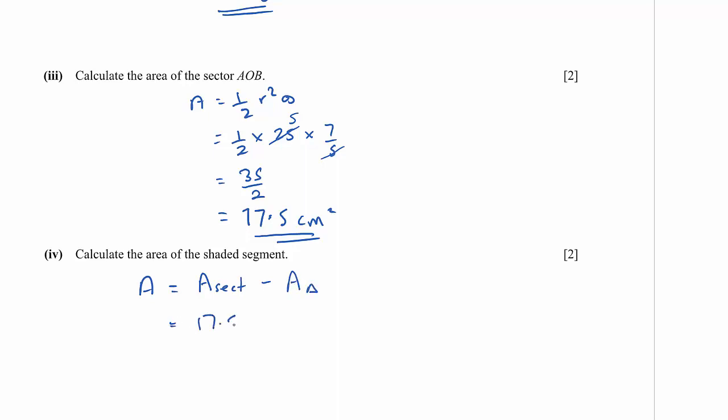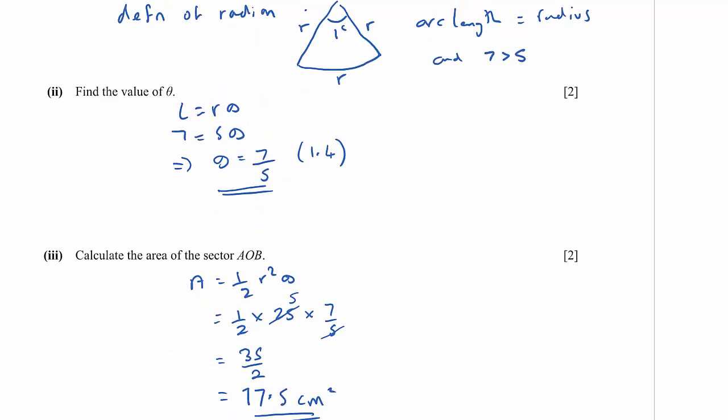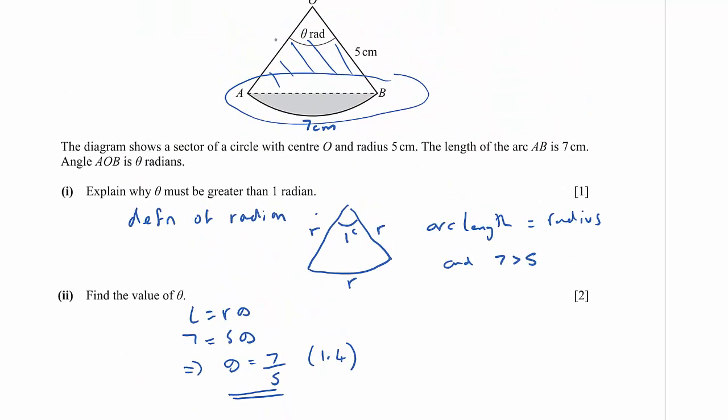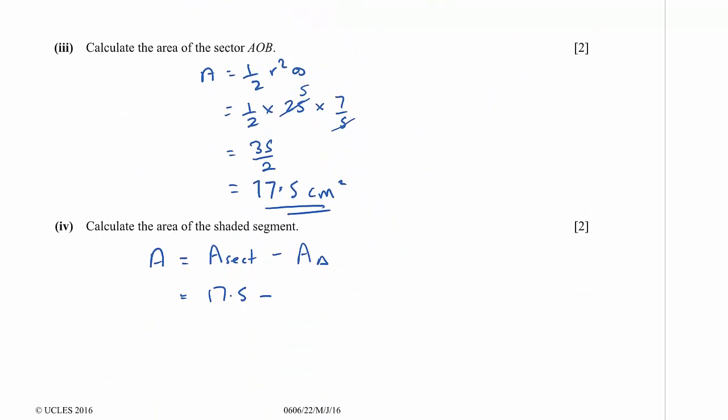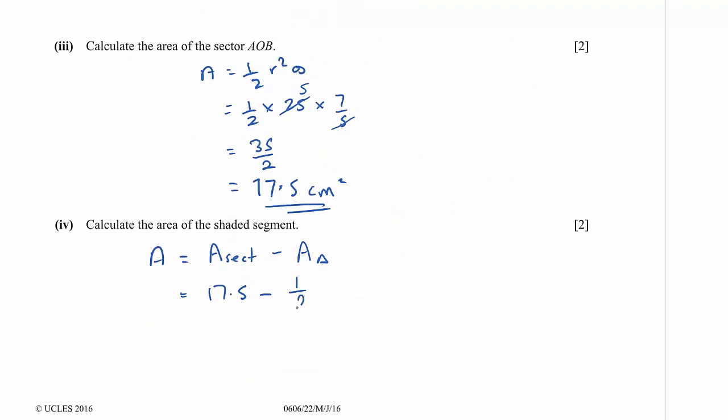So that's going to be 17.5, take away, now here we're going to use a half ab sine C. And the a and b are the 5 and the 5, and the angle is the C. So that's a half times 5 times 5, so 25, times the sine of 1.4.